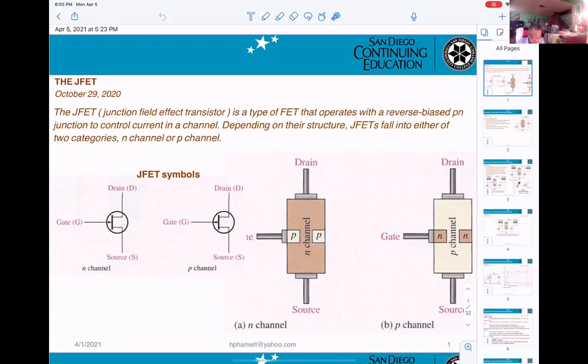The difference is the arrow points in for one and out for the P channel. This will be a physical display for P channel and the N channel. So for the N channel, the gate will be P and the drain will be N, and for the P channel, it is the opposite.